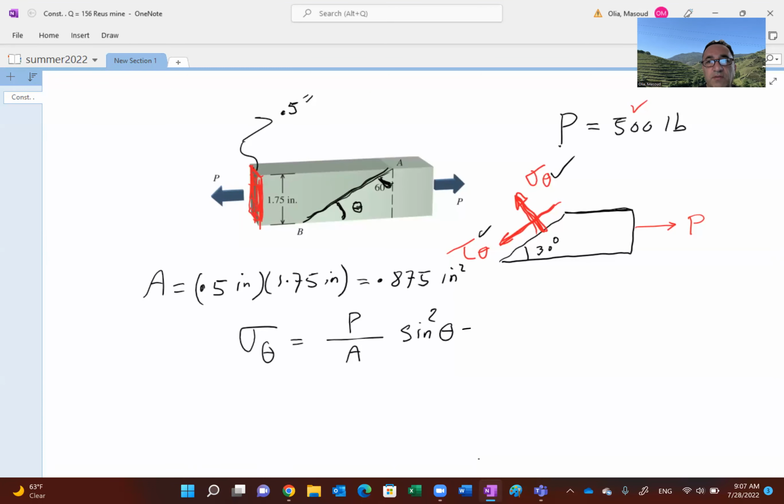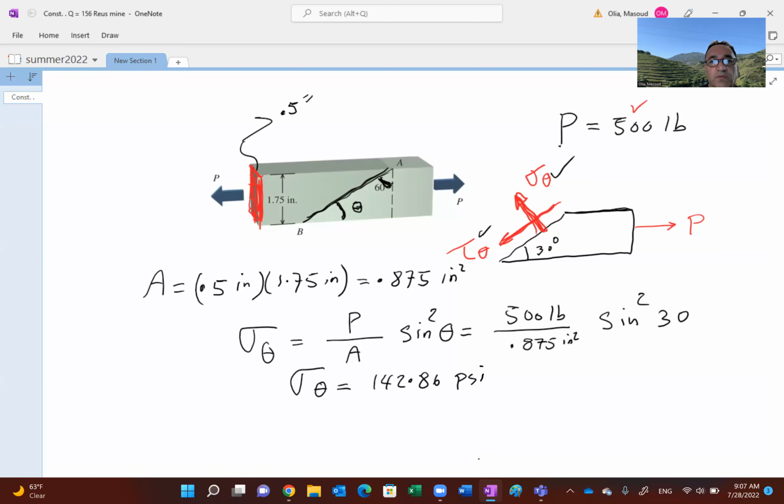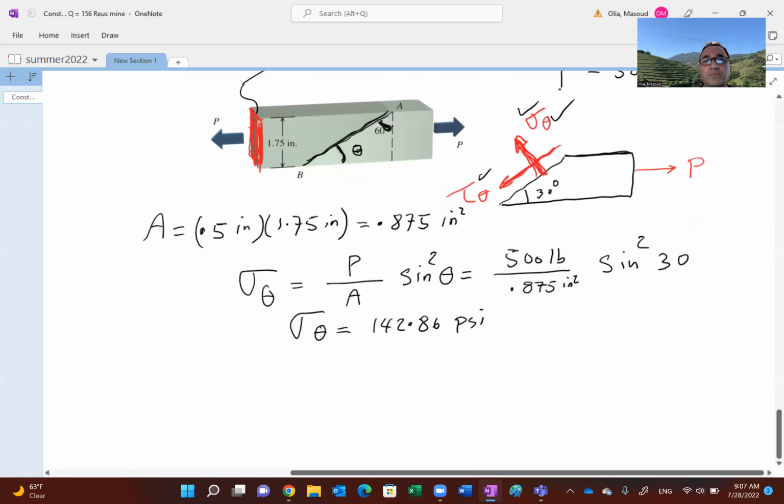Plug in the information you have: 500 pounds divided by 0.875 inches squared, so that's pounds per inch squared, PSI, times sine squared of 30 degrees. If you do the calculations, this should come out to about 142.86 PSI. That is the stress developed on that plane.